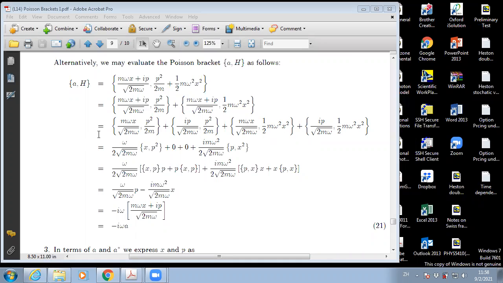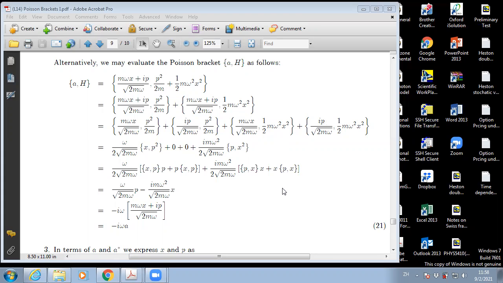These 4 terms have one Poisson bracket between x and p, another between p and x, one between p and p, and the final one between x and x. The Poisson bracket between p and p and the Poisson bracket between x and x give you 0.